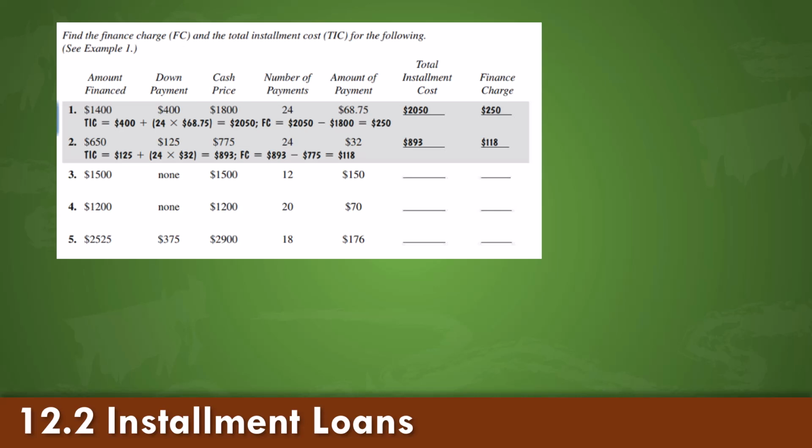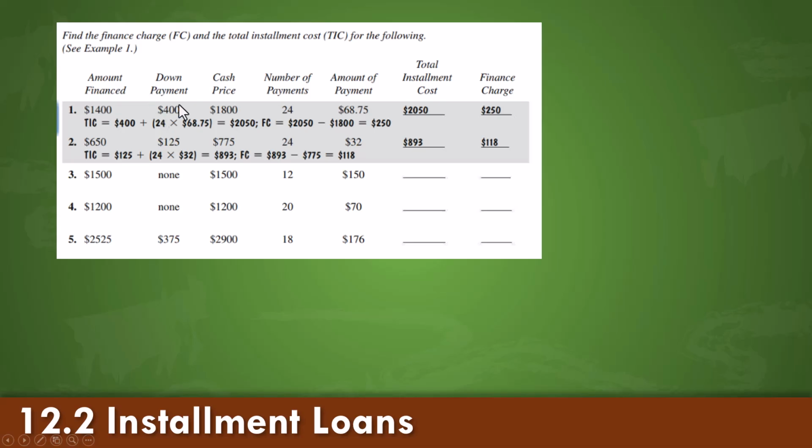In this set of questions, we're identifying the finance charge and the total installment cost, or the TIC. In this case here, we have the amount financed, the down payment, the cash price, the number of payments, and the amount of payments. This information is used to identify the following.